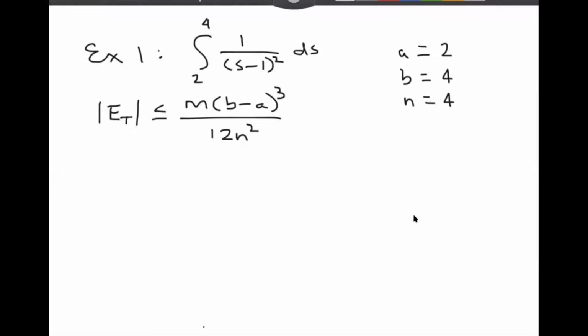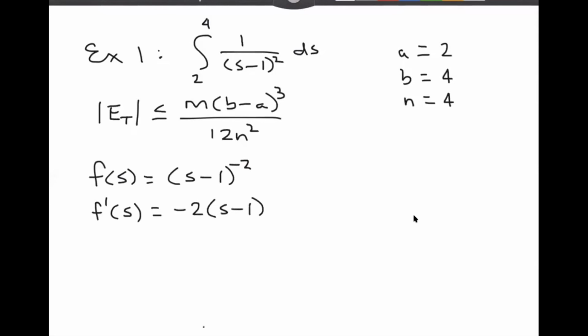So let's take our function, which is f of s equals s minus 1 to the negative 2. I'm writing it like that because I'm about to differentiate it. The first derivative of f is negative 2 times s minus 1 to the negative 3 times the derivative of s minus 1, which is 1.